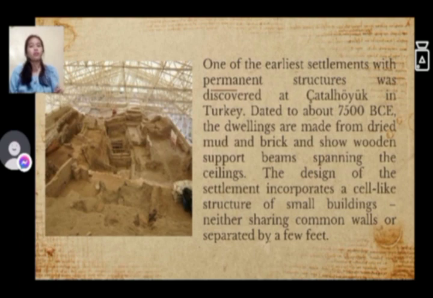Isn't this very old architecture, compared to buildings made only of glass? The design of the settlement incorporates a cell-like structure of small buildings, either sharing common walls or separated by a few feet. The roofs are flat and were used as pathways between buildings.